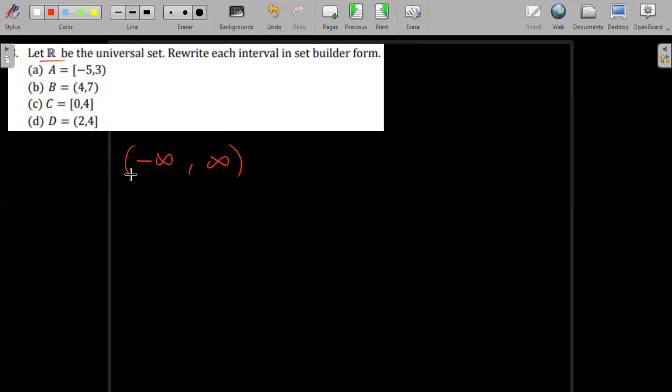And since infinity is not a fixed point, we can't put square brackets. Whenever you use a square bracket, it means the number on that side is part of that interval that you're describing. It's part of the numbers that you're describing.